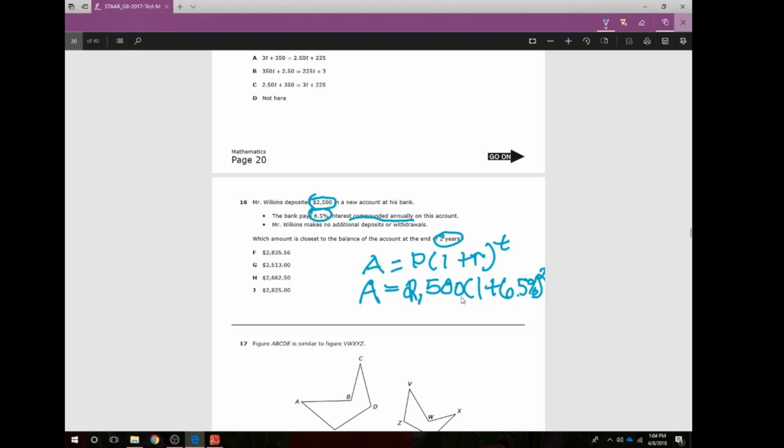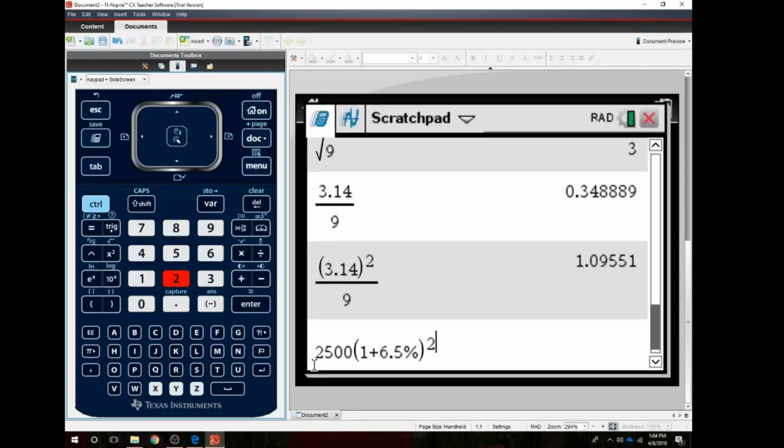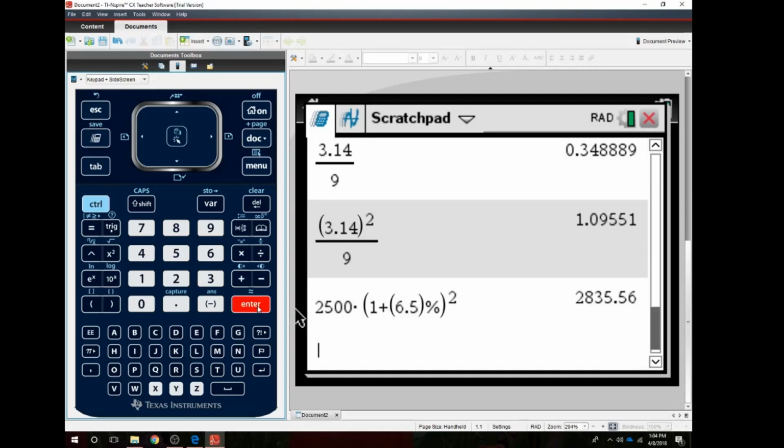So 2,500 parentheses 1 plus 6.5%, parentheses closed, raised to the power of 2. Let's check. I think we're good. I can press enter, and it gives me my answer, 2,835.56.